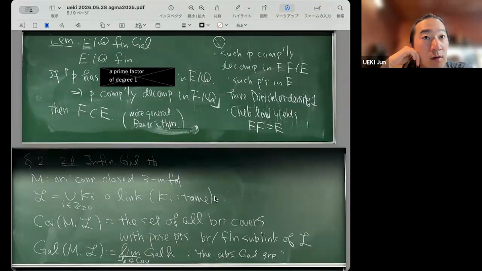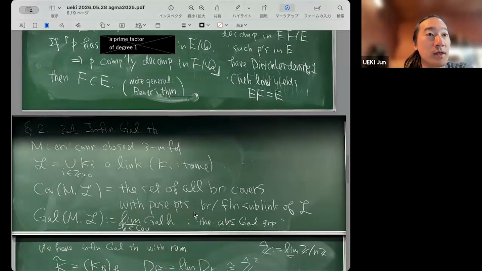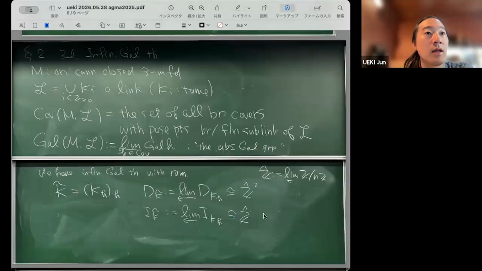Let us consider the set of all branched covers with base points, branched along finite sublinks of the fixed infinite link L. And let us define an analog of the absolute Galois group by the inverse limit of all finite branched covers, the Galois group of all finite branched Galois covers branched along this infinite link.